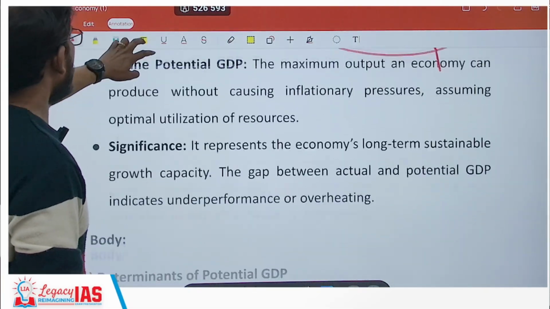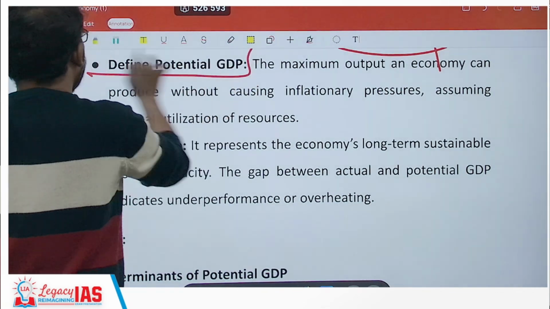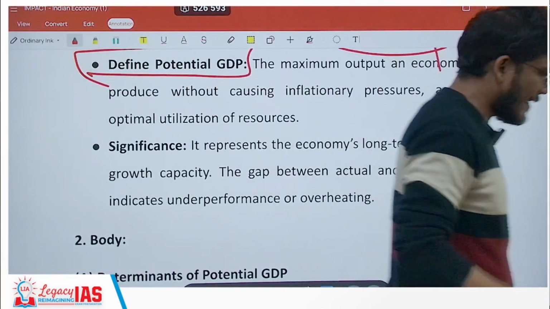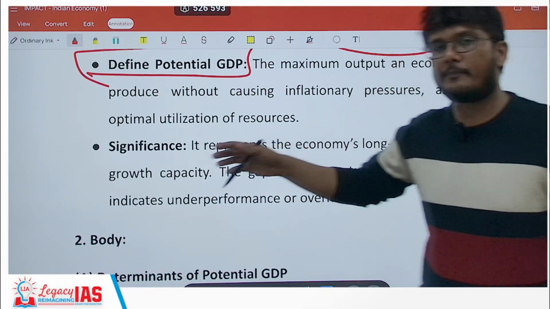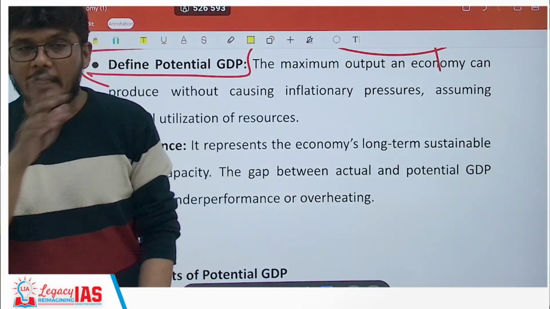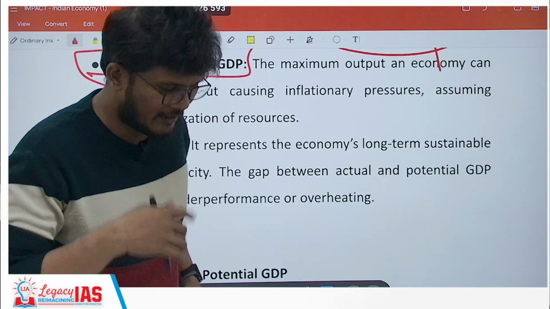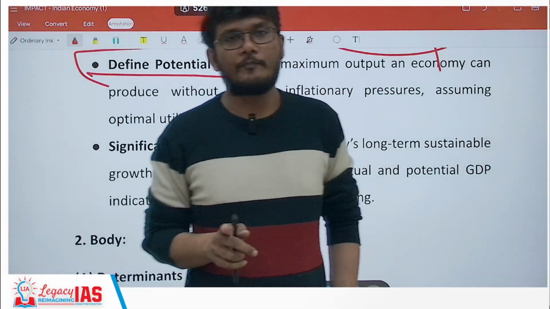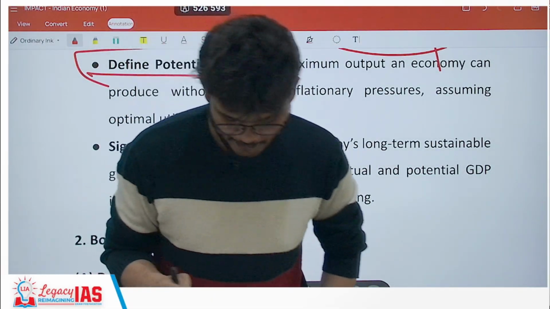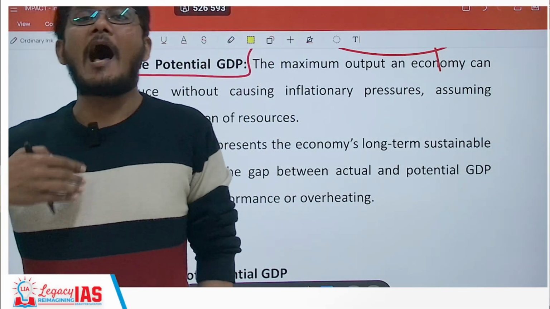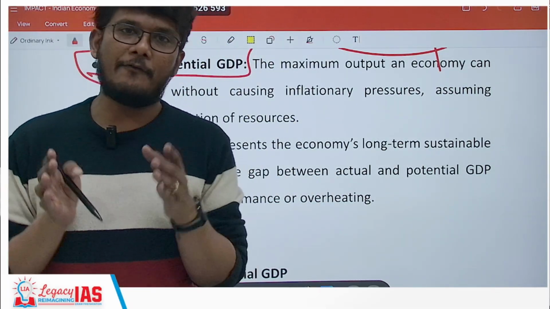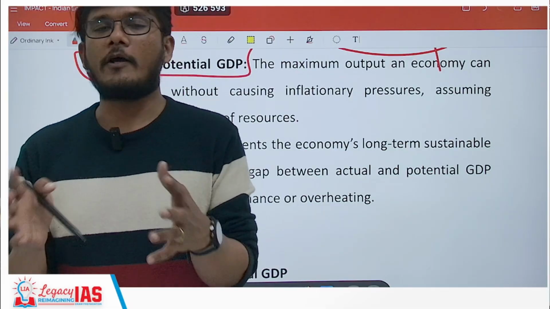So let's look at it. So definition. Now here I would agree that you directly define the potential GDP and move ahead. Till now I have been saying that definition is the last resort, but when the question specifically asks for definition, definition can be the introduction as well.